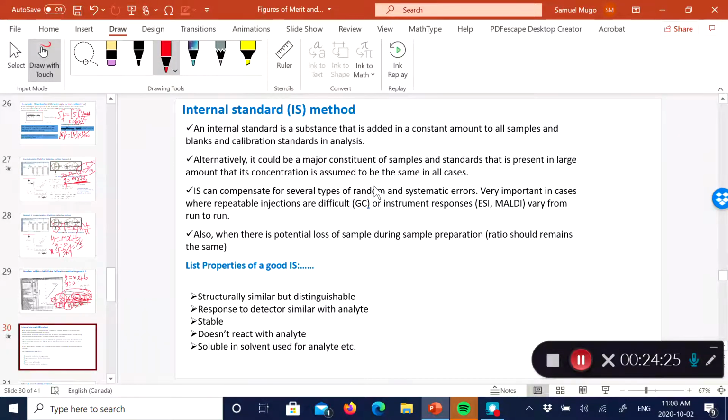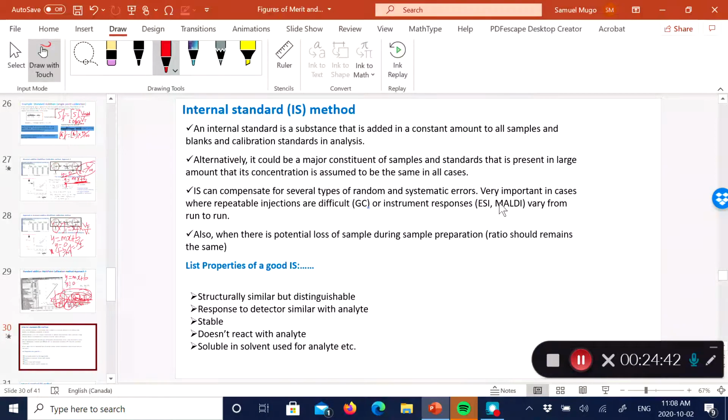Every instrument is typically fairly unstable. For example, if you're doing GC, gas chromatography, it's very difficult to inject your sample reproducibly. For example, assume you're doing mass spectroscopy.